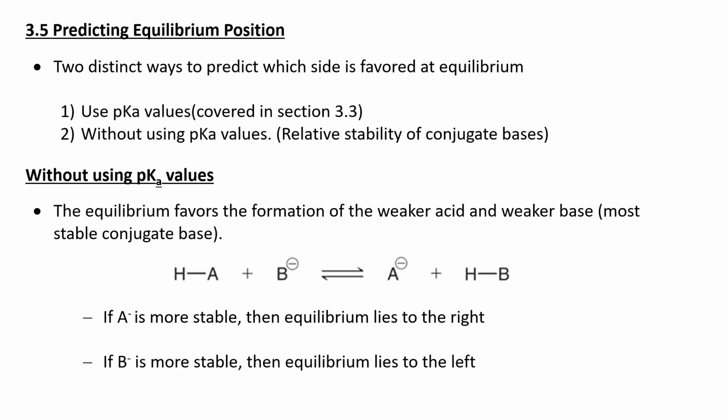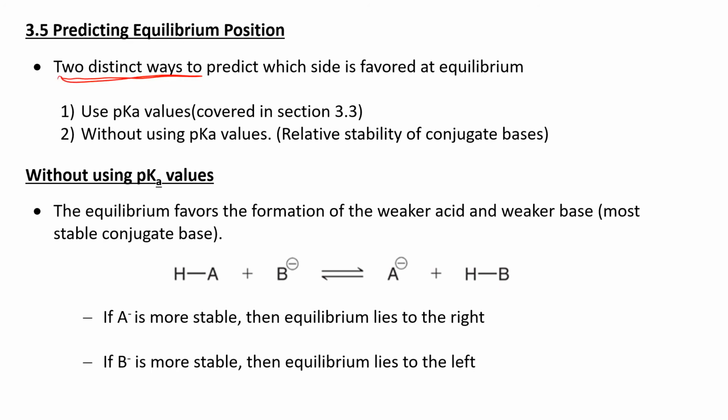The higher pKa value was the weaker acid, and the equilibrium always favors the formation of the weaker acid and weaker base. So that was our first method.